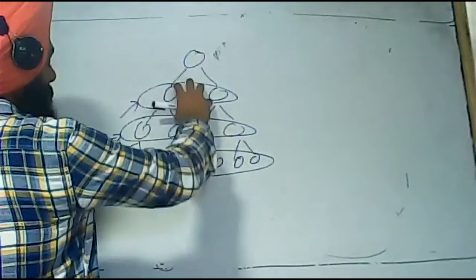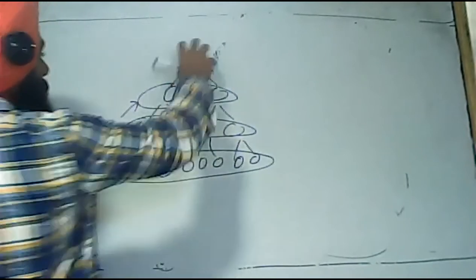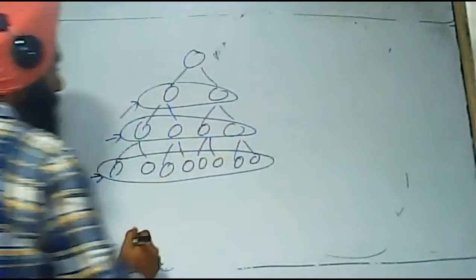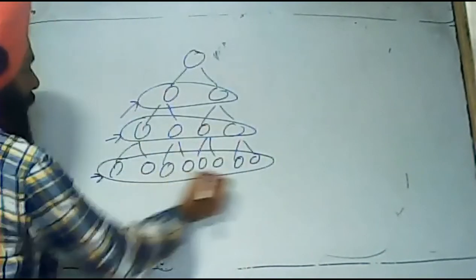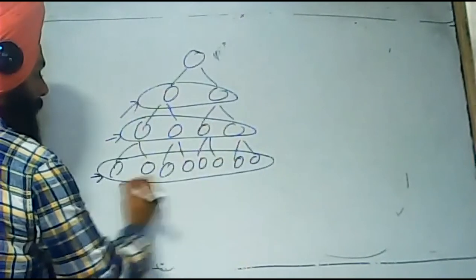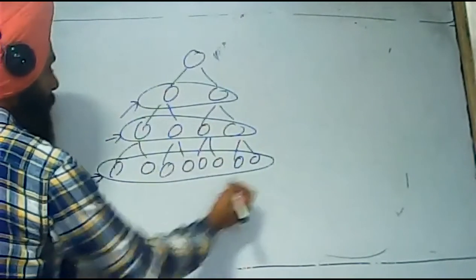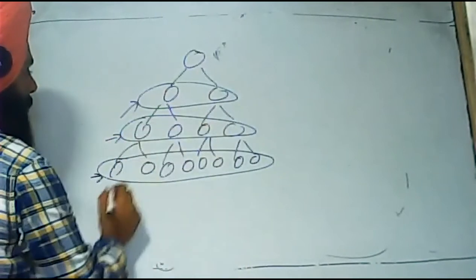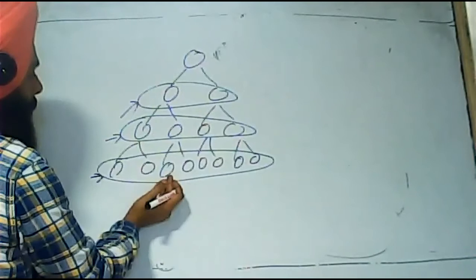To make all these elements a max heap, the time taken will be more. To make only these elements a heap, the time taken will be lesser than at the level above.